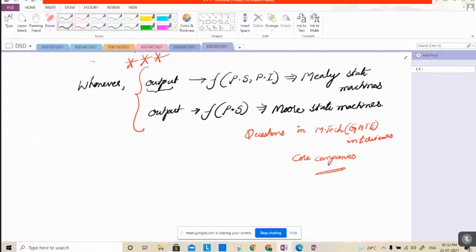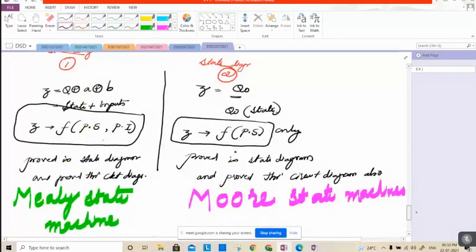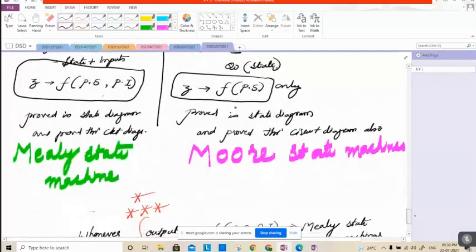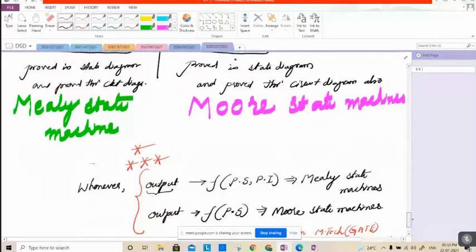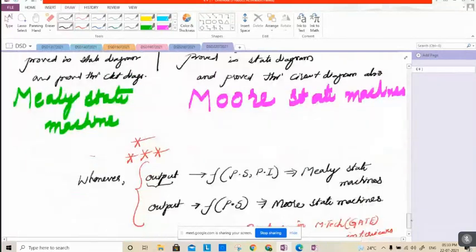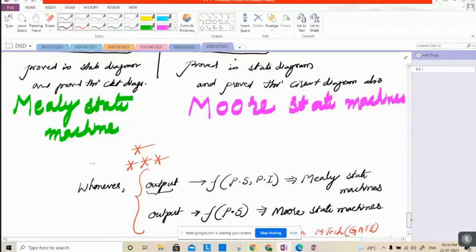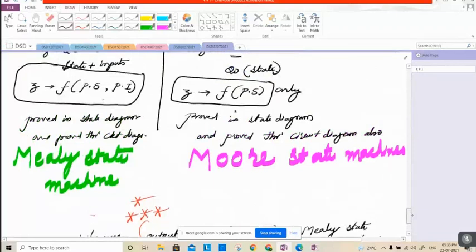But we have proved that. We have proved it by taking an example. Now, what is the main disadvantage in Moore state machines? What will happen whenever we are moving from a Mealy state machine to a Moore state machine? What is the main disadvantage? Redundant states will be eliminated. In Moore state machines, there won't be redundant states. Right? What is the main disadvantage?